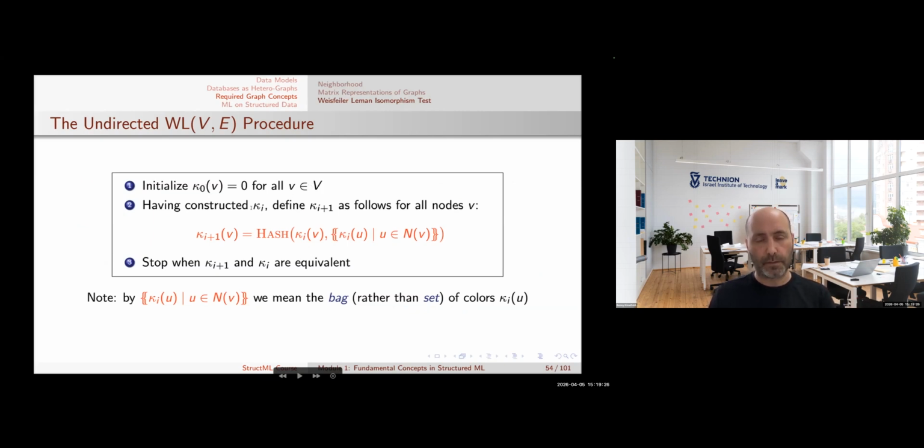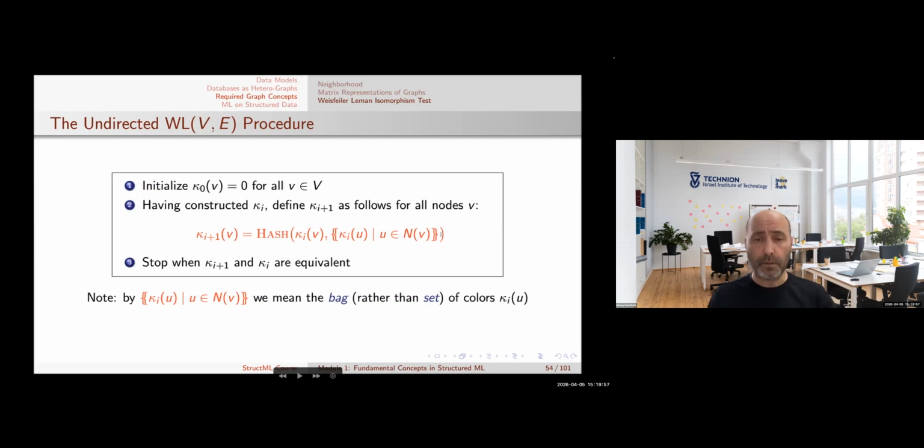Now, once you constructed kappa i, you define the next coloring, kappa i+1. How is it defined? Very simple. Kappa i+1 of V is the hash that takes as input the current color of V, kappa i of V, and the bag of colors of the neighbors of V, kappa i of U, where U is a neighbor of V. That's all.